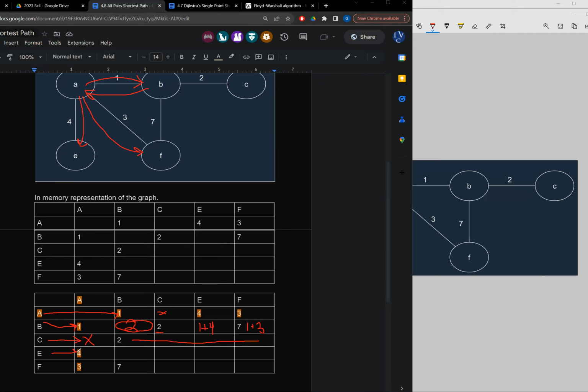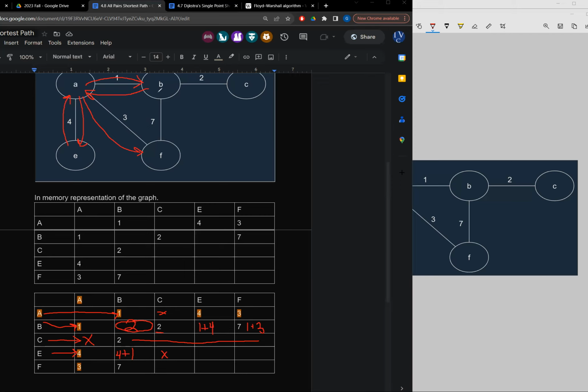E says using A for 4, we could then jump to B for 1. And that is better than not being able to get there at all. E to A for 4, to C, no connectivity, so no change here.